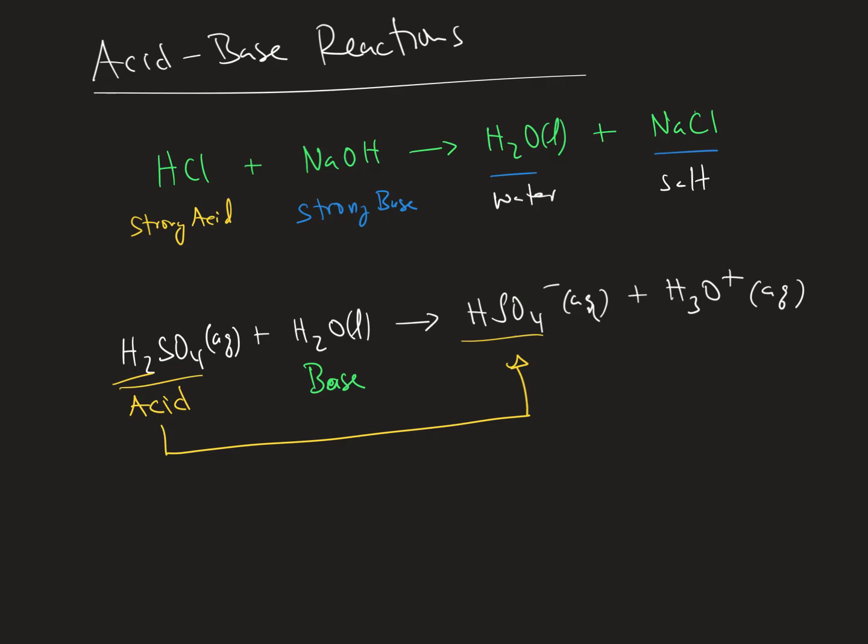It donated a proton. You with me? And a base is a proton acceptor. What does water turn into? H3O plus, which is just water with another hydrogen in it. So that is a proton acceptor.